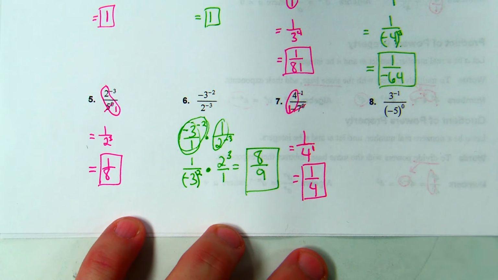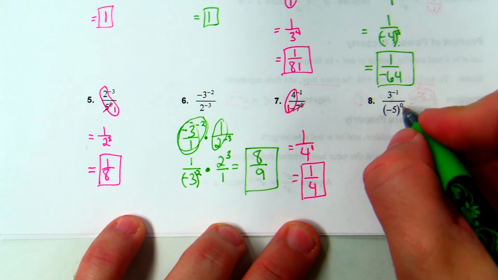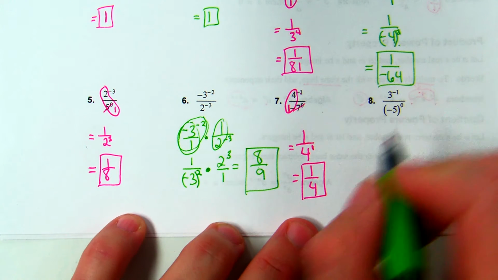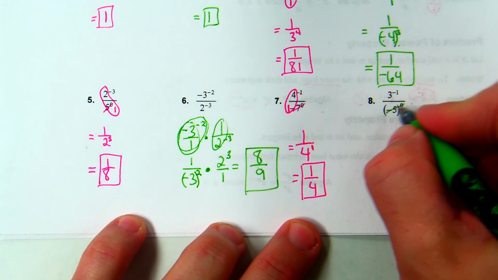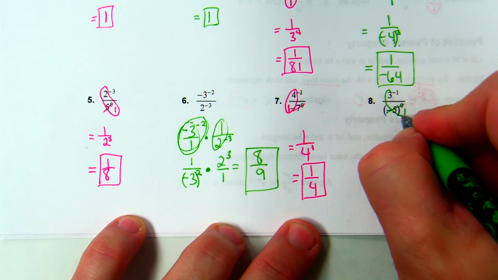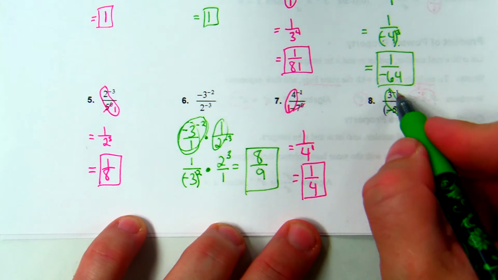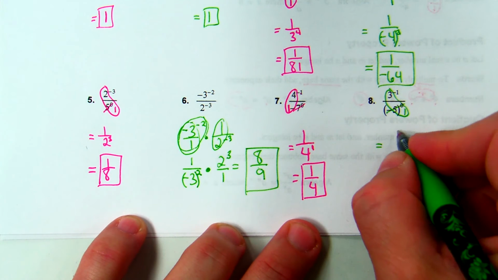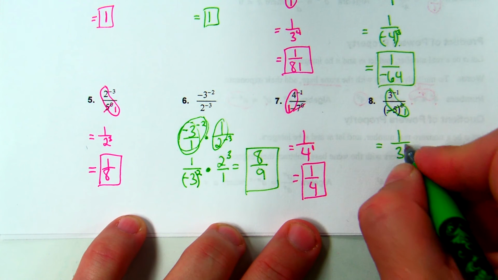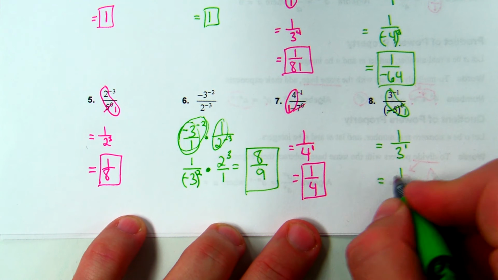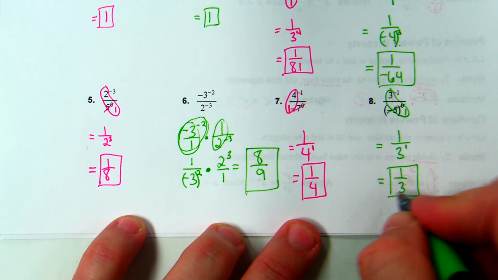And number 8, I've got negative 5 to the 0 power. That's a 1. And then again, I've got 3 over 1 raised to the negative 1 power, which is going to be flipped over, raised to the 1 power, which is simply 1/3.